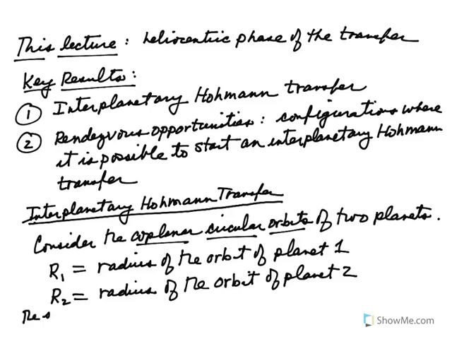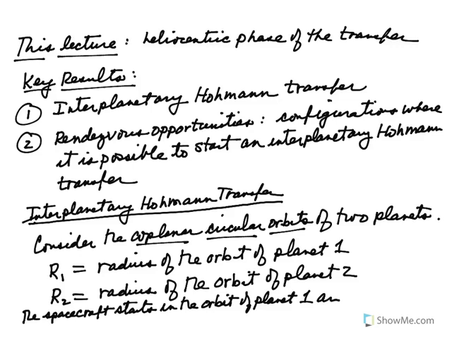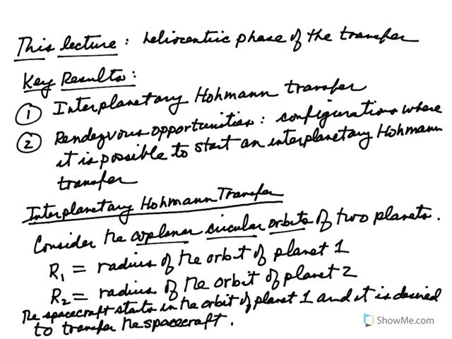So the spacecraft starts in the orbit of planet 1, and it is desired to transfer the spacecraft to the orbit of planet 2.